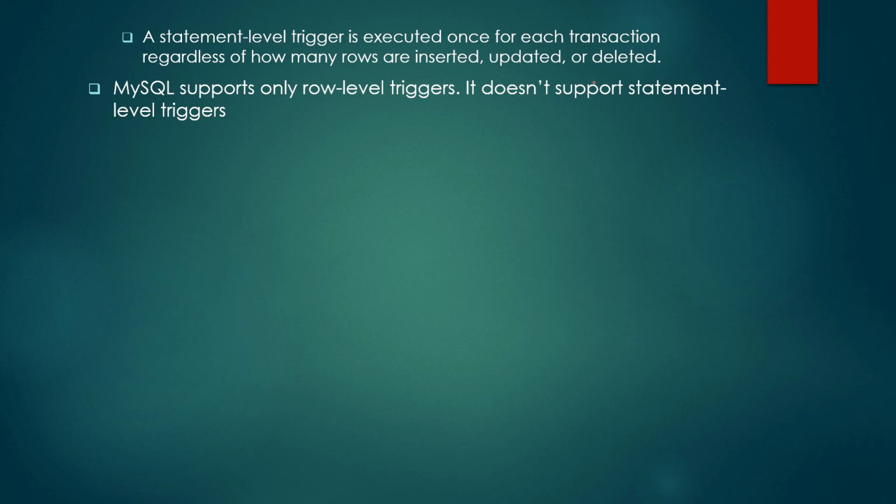But if I go for row level triggers, it will be executed 100 times because 100 rows are getting affected. Okay, so that is the difference between row level and statement level triggers. MySQL supports only row level triggers. It does not support statement level triggers. Okay, so we have to go for row level triggers. We don't have any other option.